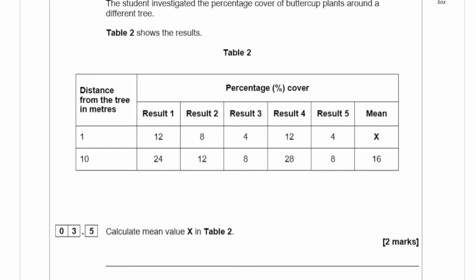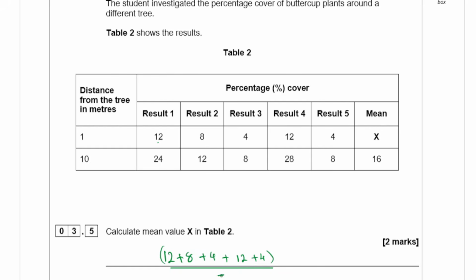Now, which values would you actually use? Would you use all of them? So if I counted, right, 12 plus 8 plus 4 plus 12 plus 4. Here we are not going to discount this 12 because it can't be an anomaly when you're counting it.